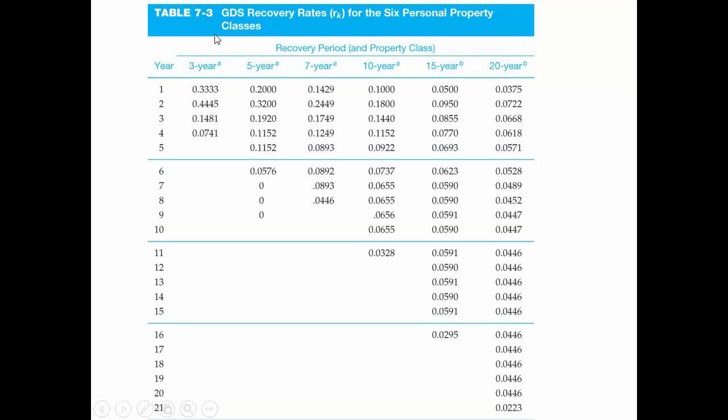For a 3-year depreciation, it's spread out over 4 years because there's a half share of depreciation in the first year and a half share in the last year. They have it start off at double declining balance, which means 200% of the straight line, and then it switches over to straight line about halfway through.